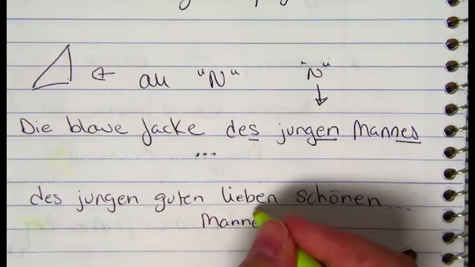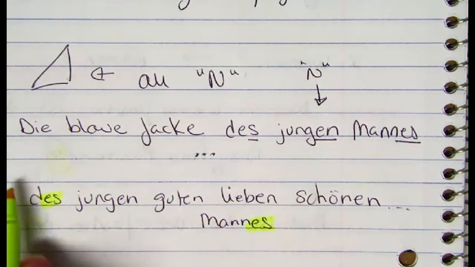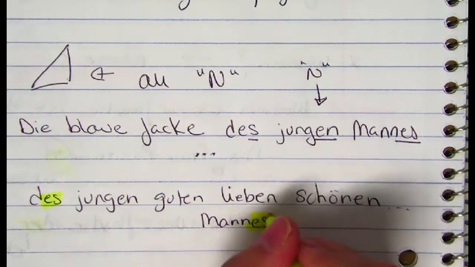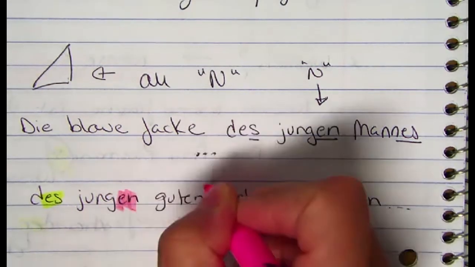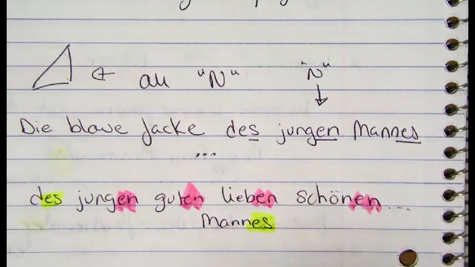So that s plus s always is primary ending on your ein word or der word. That second s always applies to the noun that is being modified itself. And all of the adjectives, no matter how many there are, are going to have that same ending. Okay, they all get an en in this case, or an n ending.